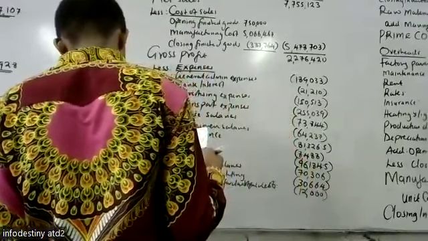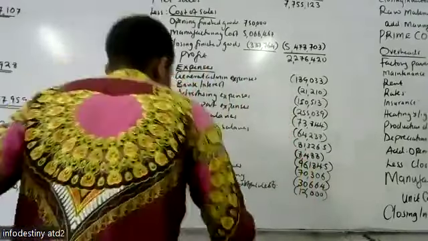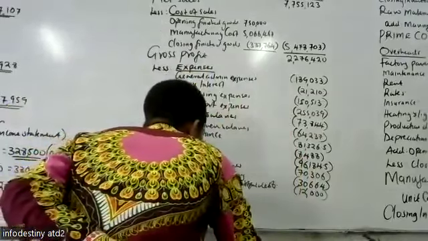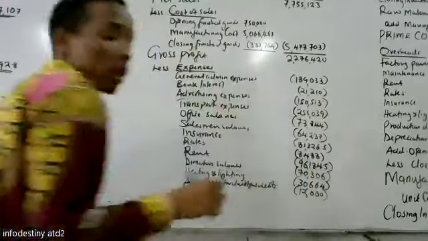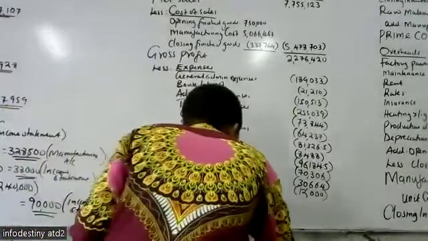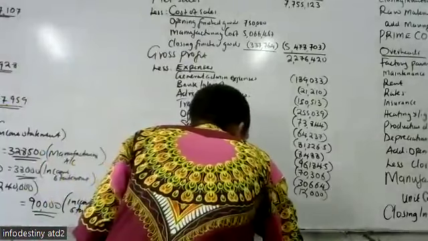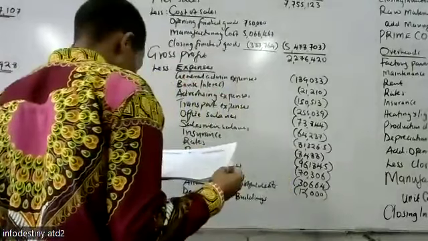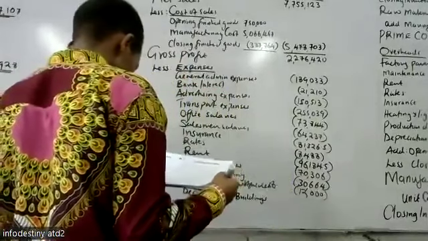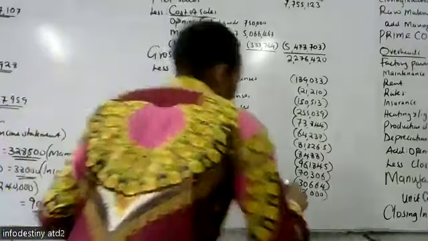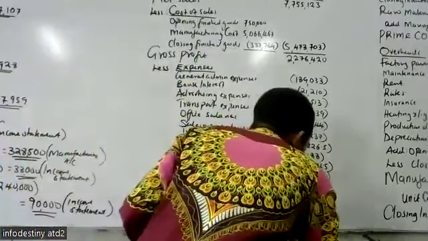Then from there, we pick depreciation. Depreciation on buildings is how much? 7,800.